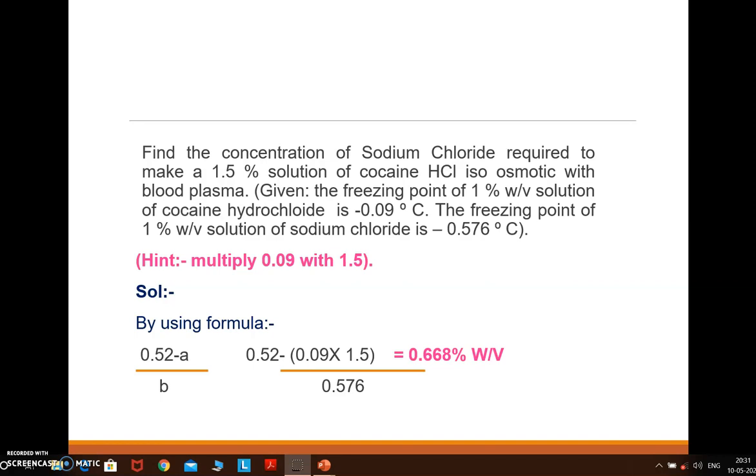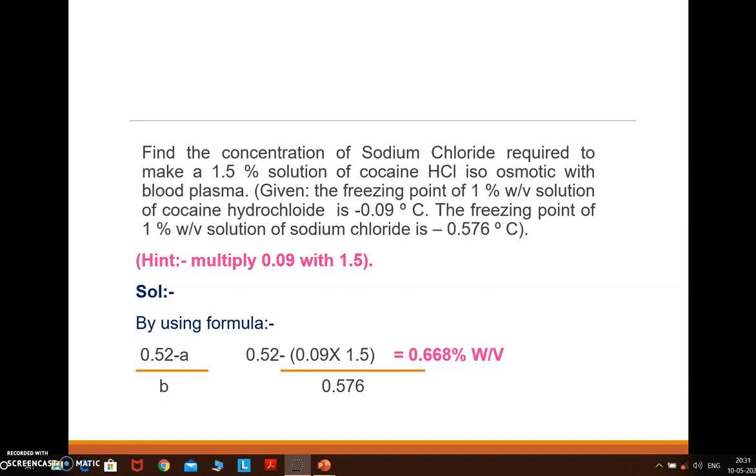I have provided you with the hint: multiply 0.09 with 1.5, as the concentration over here is not 1% but 1.5%, so you need to multiply it. So by using the content in the formula, you can see that you are getting the answer as 0.668% weight by volume of sodium chloride. That would make your solution isoosmotic with blood plasma.